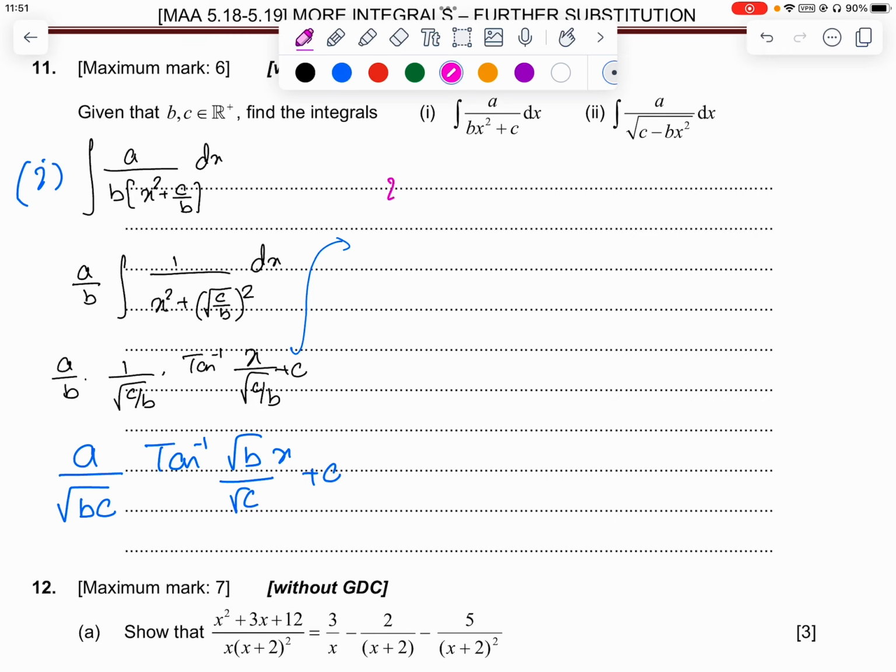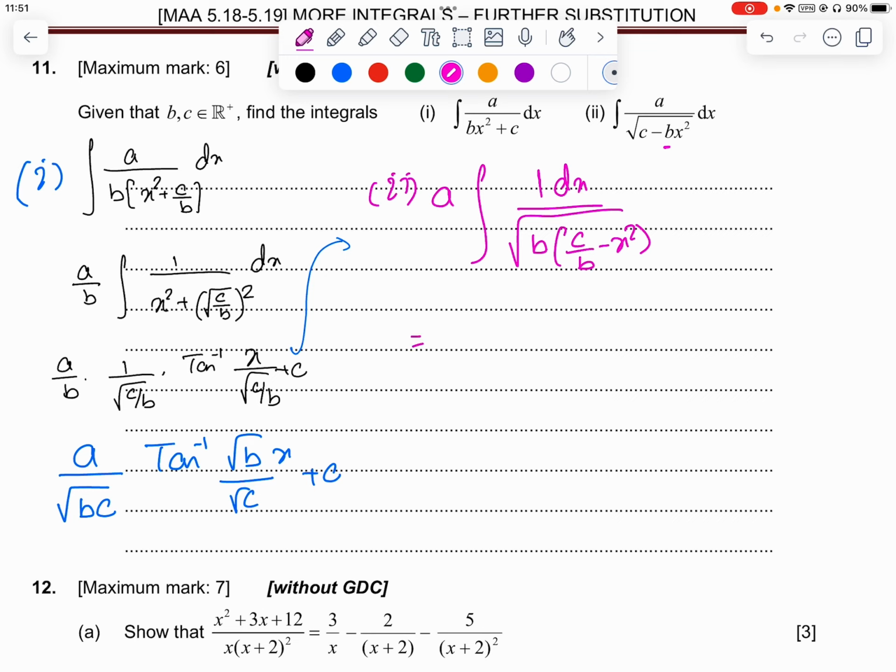Now we will do the second part. For the second part, again, I can take b common. So a is outside, then 1 dx upon square root of, if I take b common, it becomes c upon b minus x square dx.